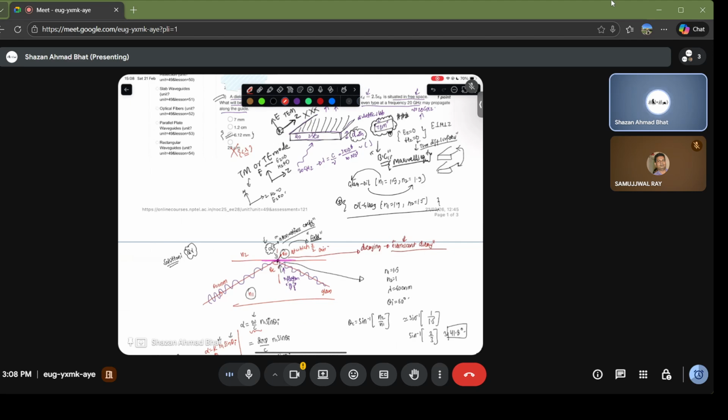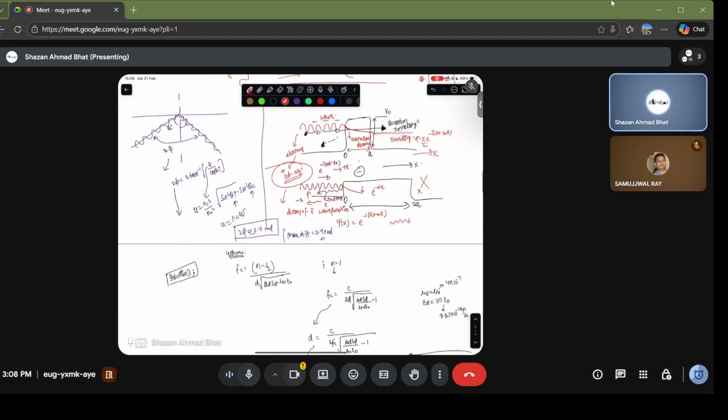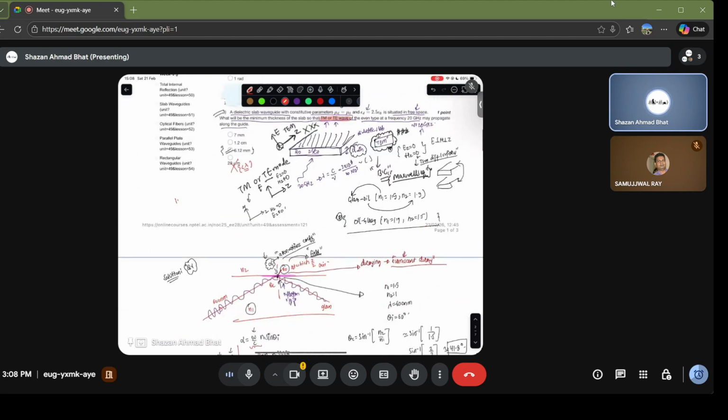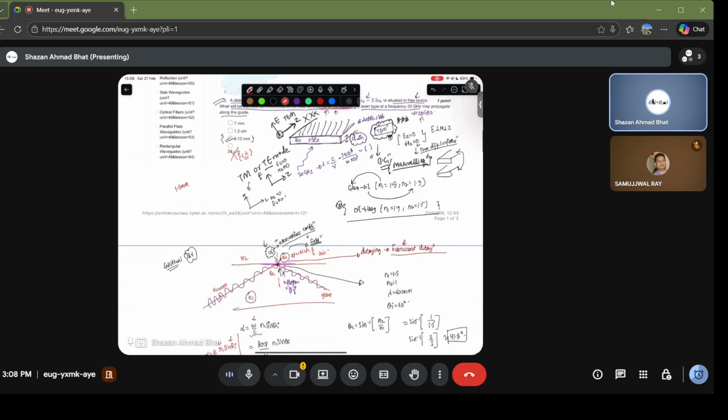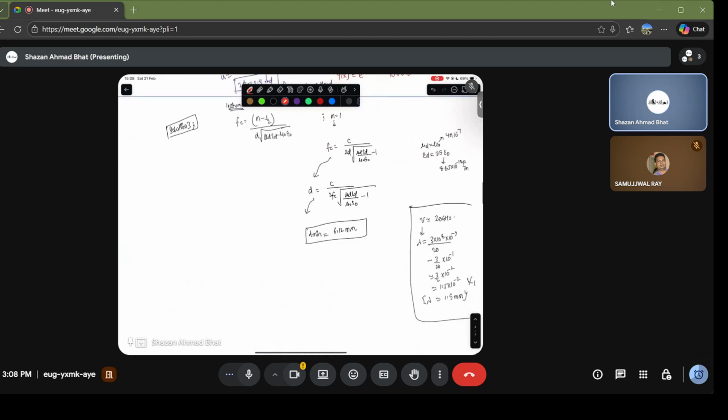It's not possible that you can propagate a wavelength of, how much was it, 1.5 millimeters. Did I compute it correctly, by the way? Yeah, 1.5 millimeters.